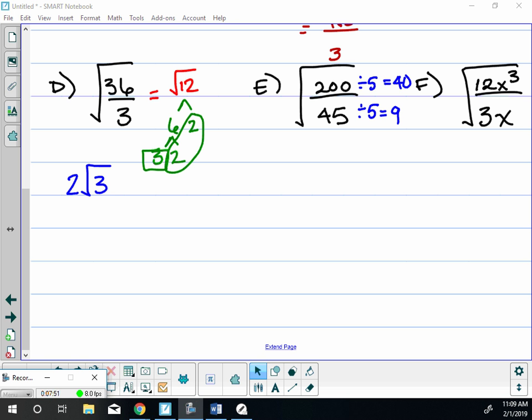So now I have the square root of 40 divided by 9, which I can split into the square root of 40 divided by the square root of 9. Now, if you typed square root of 40 into a calculator, you would not get a nice number. It is not a perfect square. So we'll have to break that down. But what about 9?